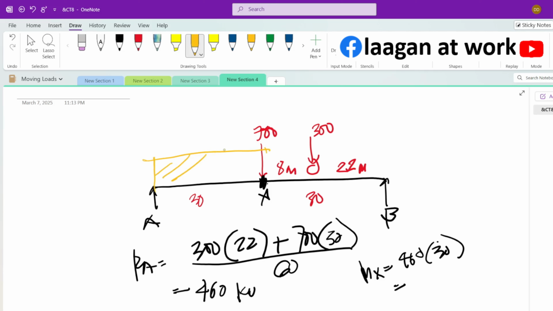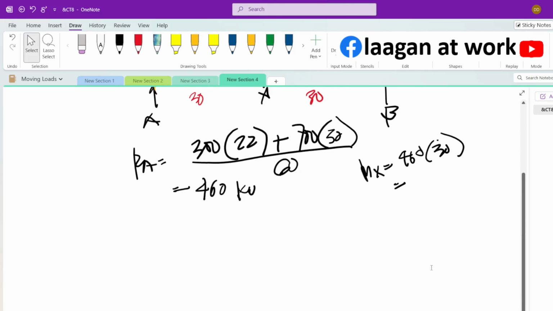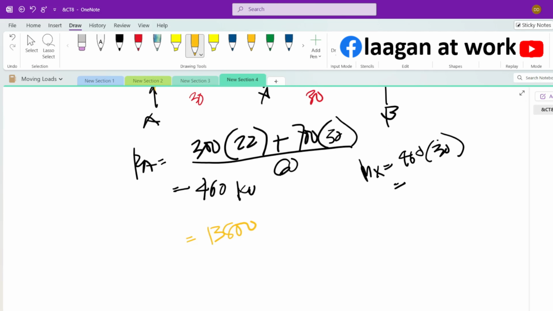So this would be your area. Multiply that to get the area, that's your moment. So basically 460 times 30 is 13,800.